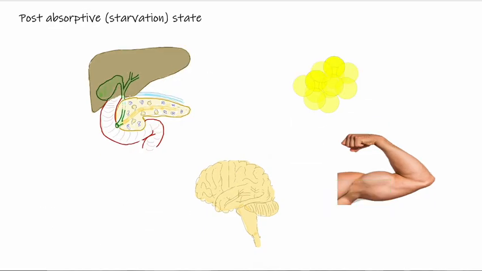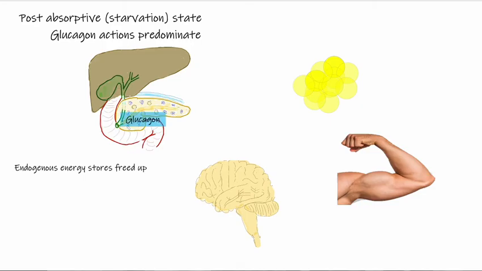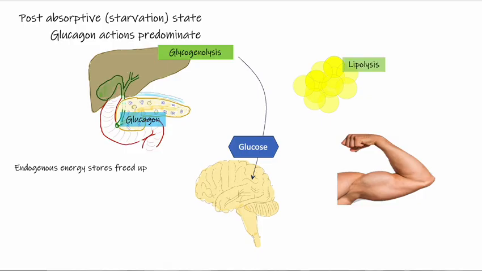Now when we switch from the absorptive state to the post-absorptive state, we now are going to see that we have to free up this energy that we've previously stored away. And during this time, glucagon will be the primary hormone at work. So glucagon is going to stimulate glycogenolysis. This will free up glucose for use by the brain. Glucagon will stimulate lipolysis.